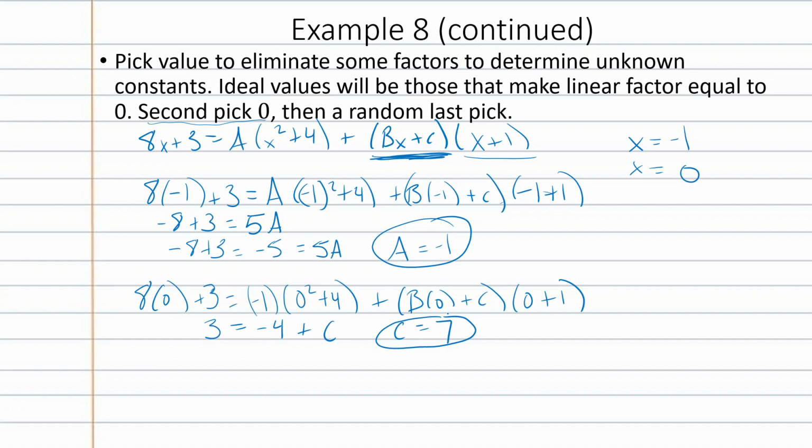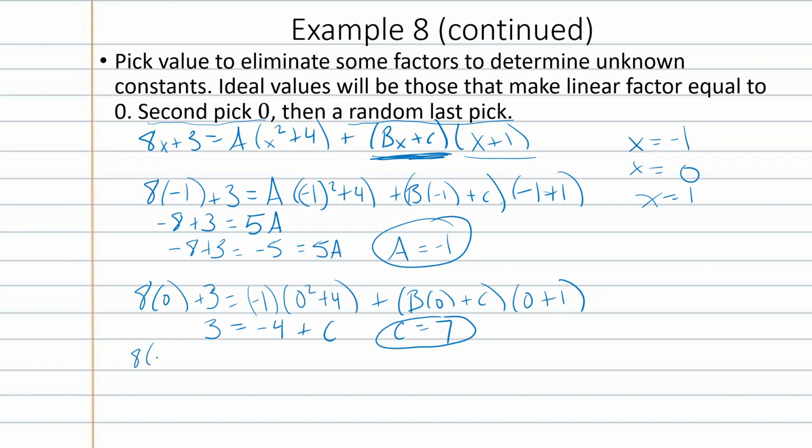Now I have my a and my c. If I plug those values in, I can do a random last pick in order to solve for my b. My random last pick, I'm going to let x equal 1, because if I let x equal 1, it's just b times 1, which might be a pretty simple b to work with on that last step. So we're going to let x equal 1, plug a and c in, and then solve for b. Let's do that.